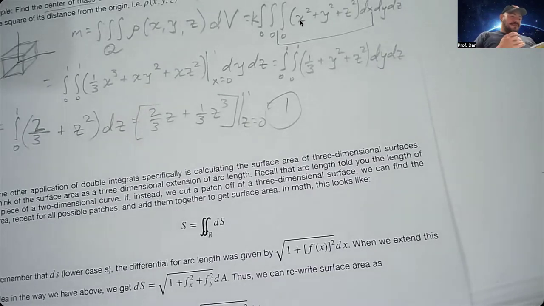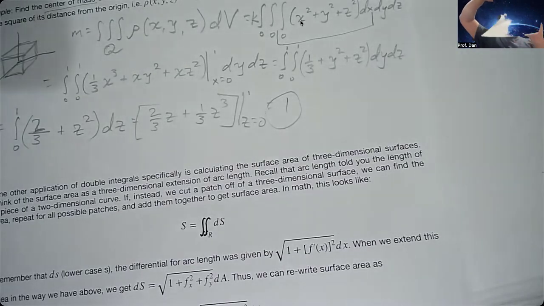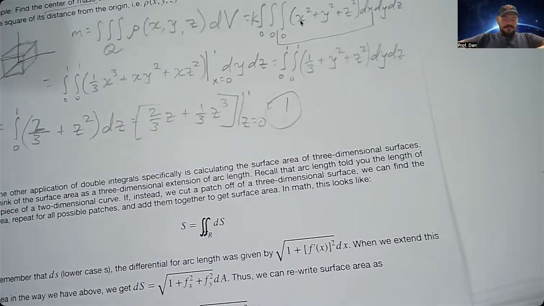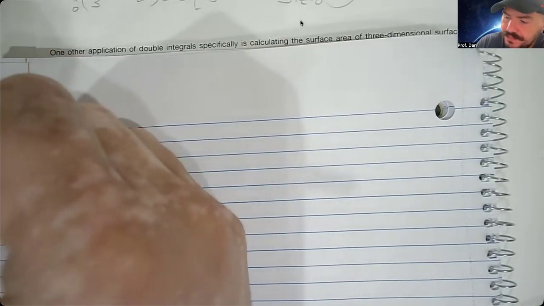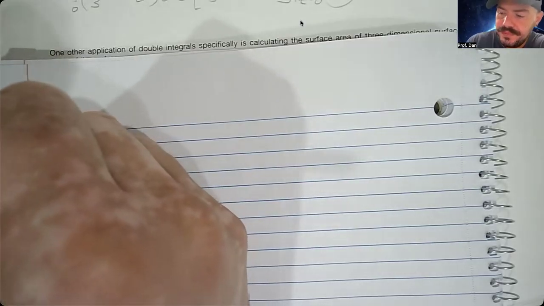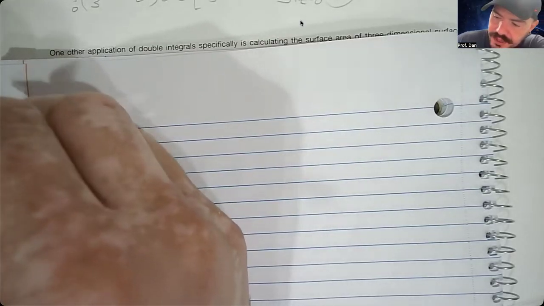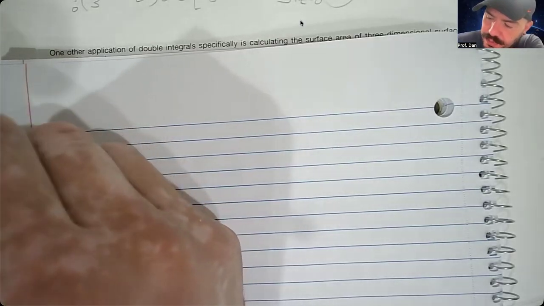So to do that, we have to find our different first moments. So you're going to have the moment along, instead of axes.